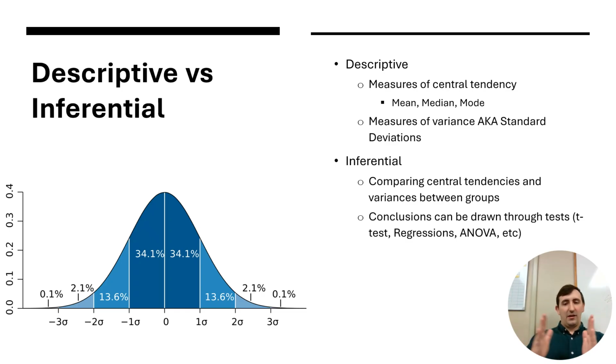So between 1 and 2 deviations away, there's only 13% of people or scores who fall into that category, either higher or lower than the middle. So that distance shows us how far away from average a score might be. And that's just describing the whole situation. That's just description, description, description.